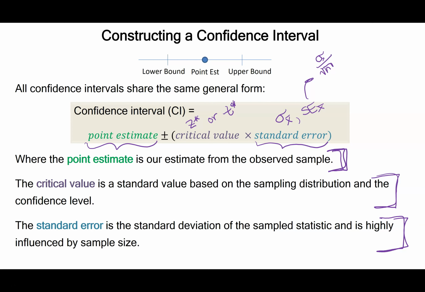And as you can see, n is in here. If n is really big, it's going to make the standard error really small. And if n is really small, it's going to make your standard error really big. So it definitely is impacted a bit by your sample size.